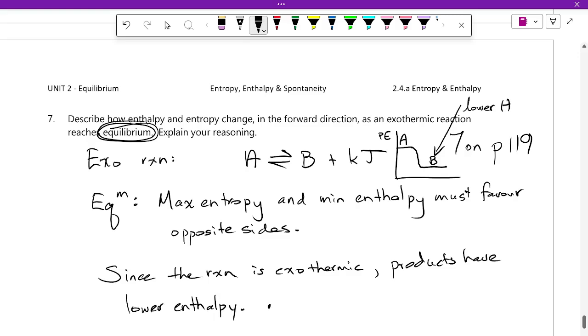And therefore, minimum enthalpy favors the products.